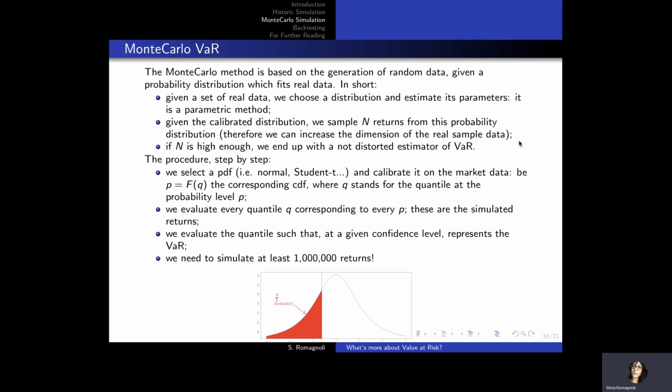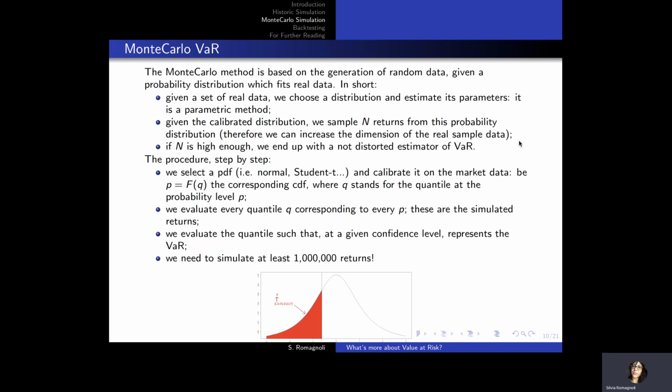We denote as P the cumulative distribution function at level Q, where Q stands for the quantile of the probability level P. We carry on and we evaluate every quantile Q corresponding to every P. These obviously are the simulated returns. Then finally, we evaluate the quantile such that at a given confidence level, it represents the value at risk.